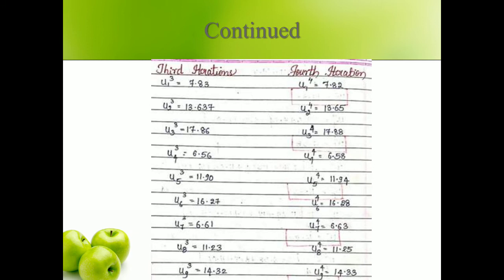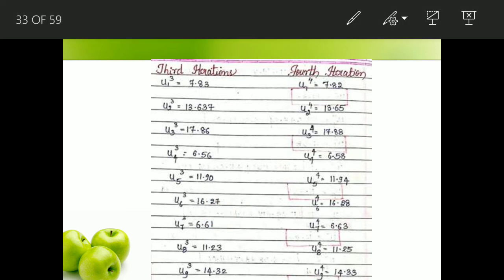For the third, fourth, fifth, sixth, continue till you get the values the same. So the third iteration values go like this: u1 is equal to 7.83, u2 is equal to 13.63, u3 is equal to 17.86, u4 is equal to 6.56, u5 is equal to 11.90, u6 is equal to 16.27, u7 is equal to 6.61, u8 is equal to 11.23, u9 is equal to 14.32.